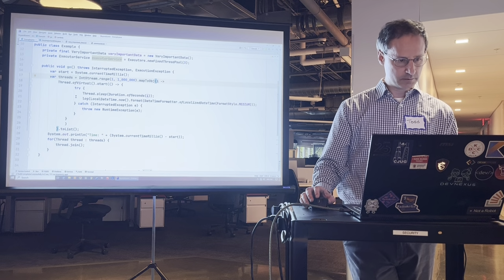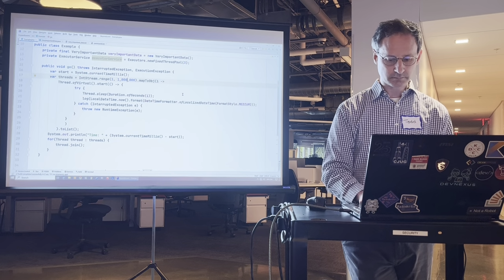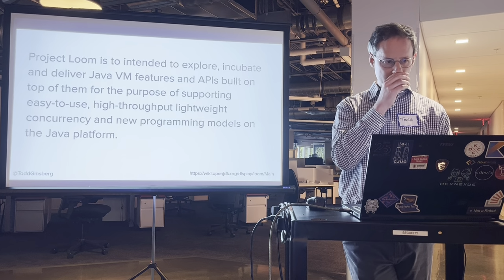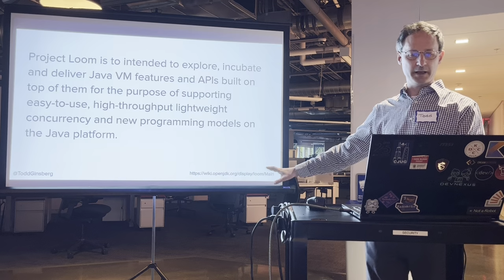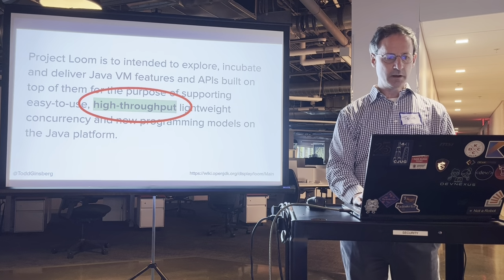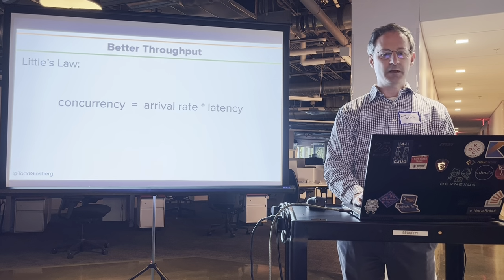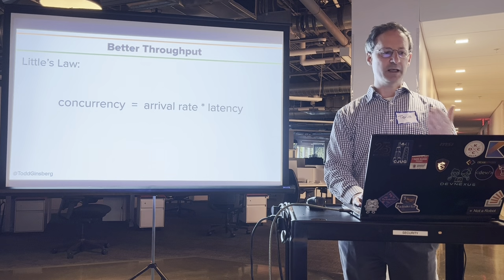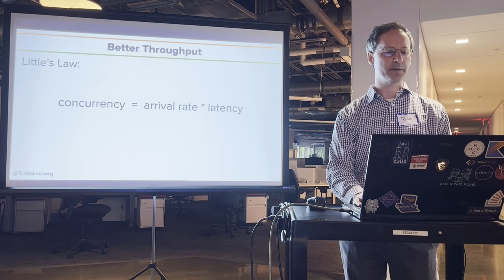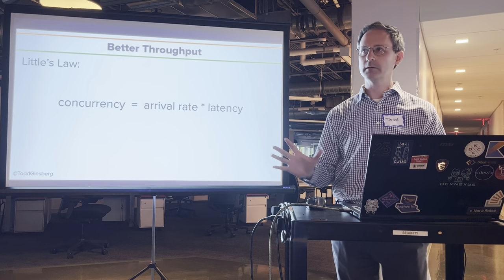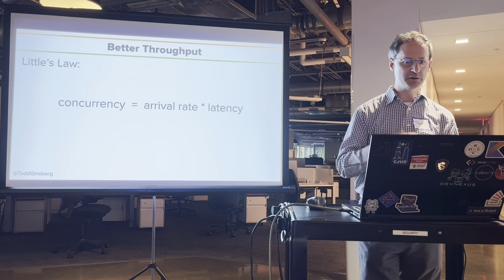Okay. So now that we've seen that, I want to talk about the project charter again. It mentions high throughput. High throughput is what the virtual threads give you, and they give you that because of Little's law. Has anybody heard of Little's law? Okay. Let's pretend we're running a store, like a physical, actual store that you can go to get things.